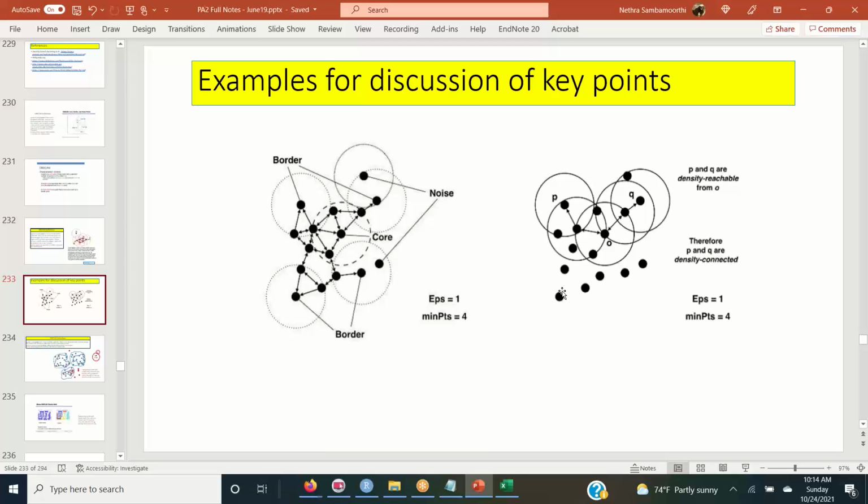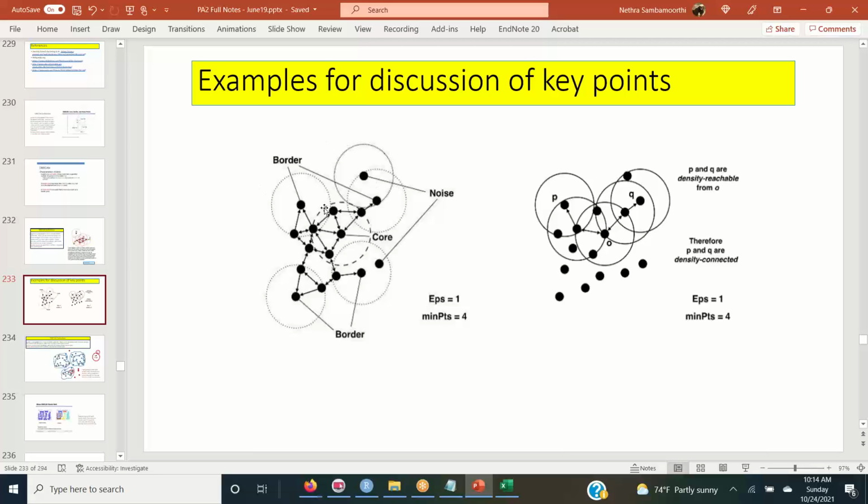But these points will not belong to the clusters. This is the only point that will belong to the clusters, because we are talking about minimum 4 points. Whatever the unit of the circle is, it is 1 here. You can see here it is only 3 points, not 4 points. Again, these 3 points, so these are all outside. But the moment you go inside here, there are 4 points here, 4 points here, and so on.